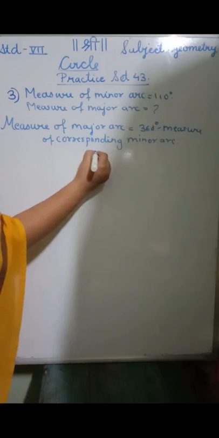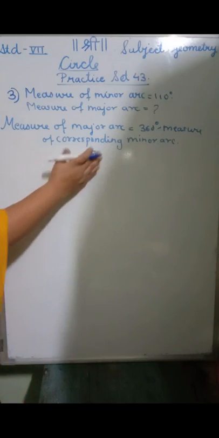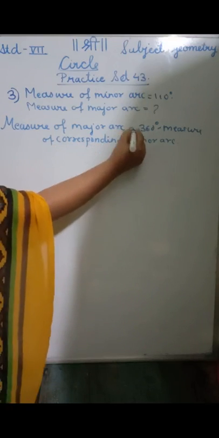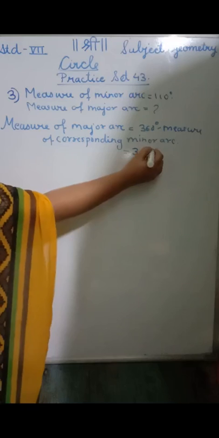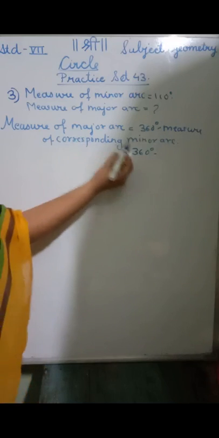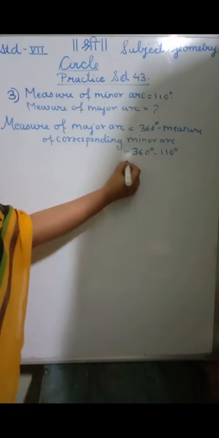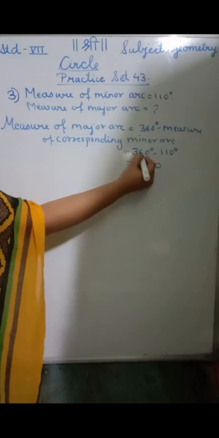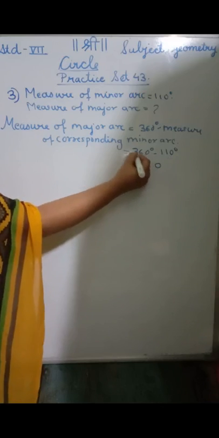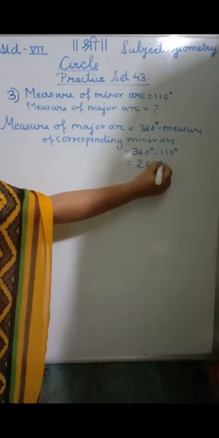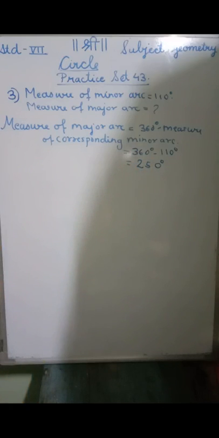So I'll substitute. Is equal to 360 degrees minus measure of corresponding minor arc, which is 110 degrees. 0 minus 0 is 0, 6 minus 1 is 5, 3 minus 1 is 2. So the answer is 250 degrees.